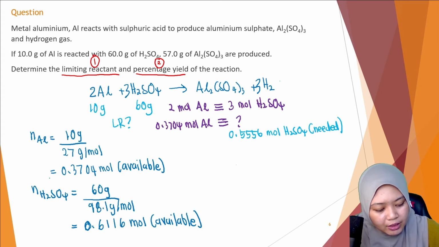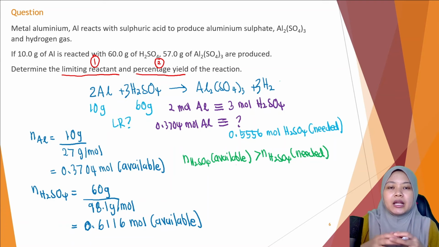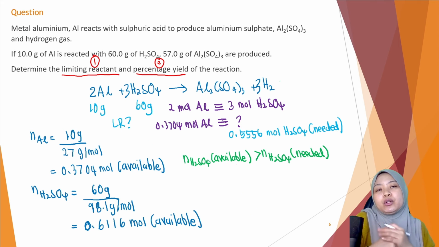How to determine? So kat sini you tahu mole H2SO4 available is larger than mole H2SO4 needed. So H2SO4 is a reactant, tapi mole yang ada lagi banyak daripada mole yang diperlukan.